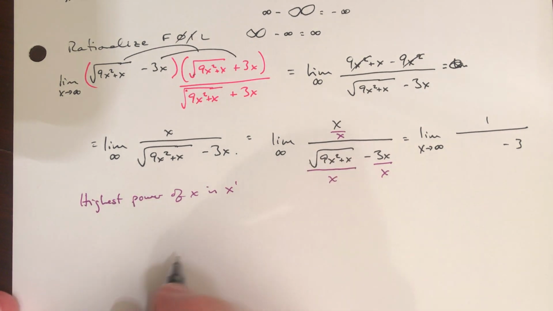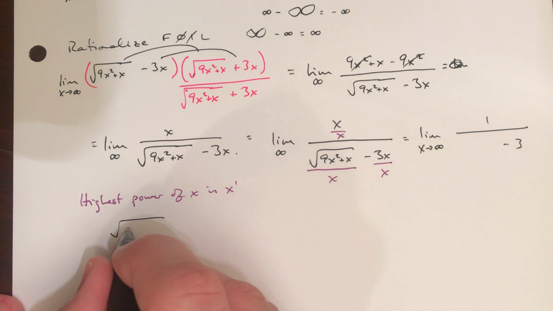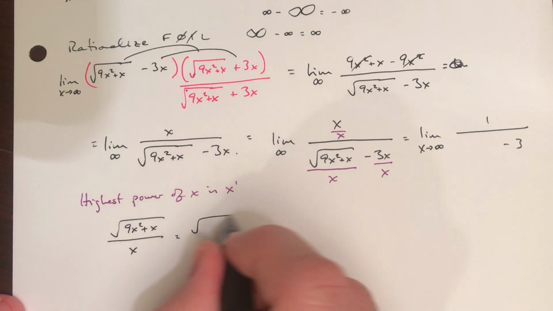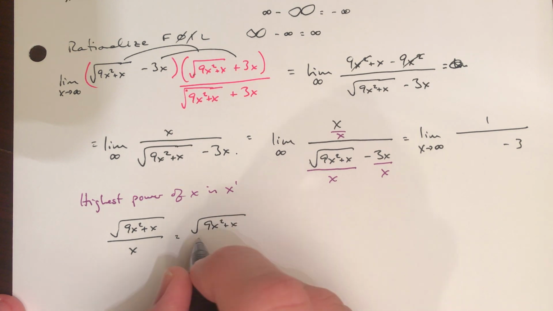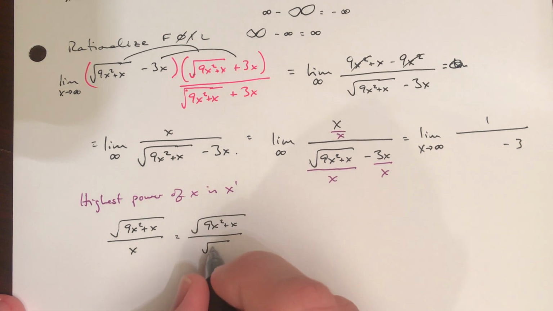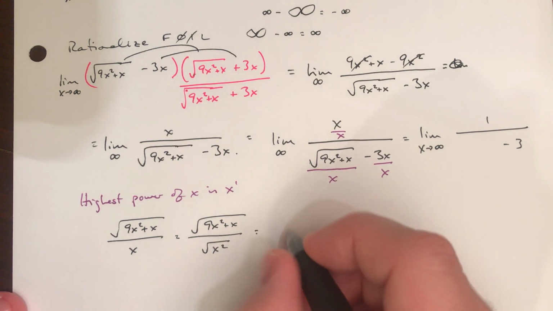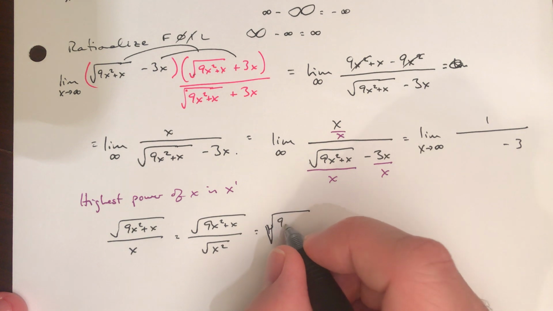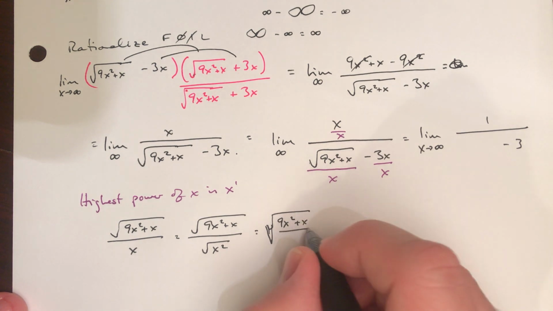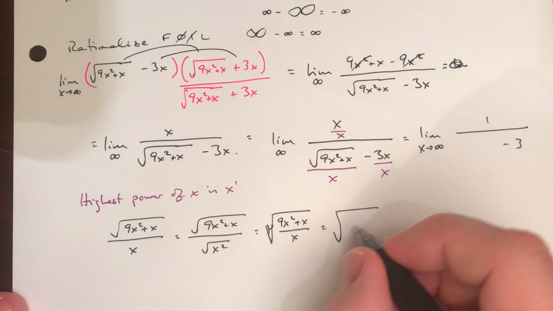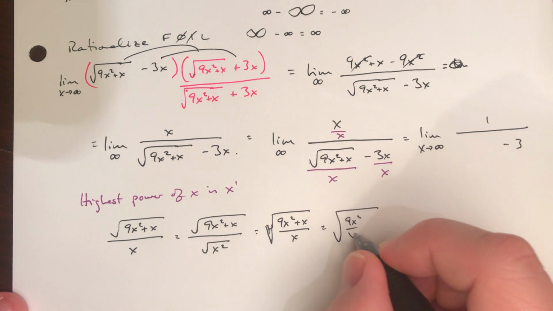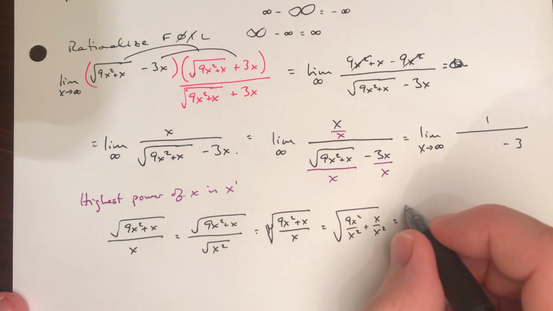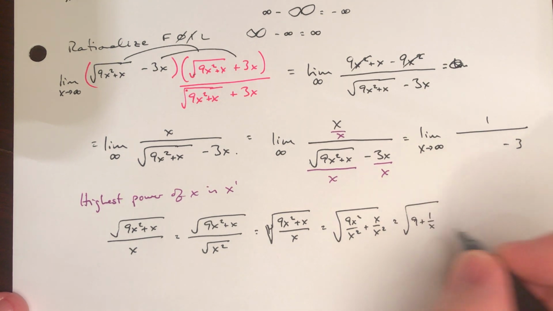We want to simplify this guy, and we're going to pull the same sort of trick that we've been doing. 9x squared plus x. Rewrite that as the square root of x squared. And now we can combine these radicals into 9x squared plus x over x squared, the square root of 9x squared over x squared plus x over x squared is the square root of 9 plus 1 over x.